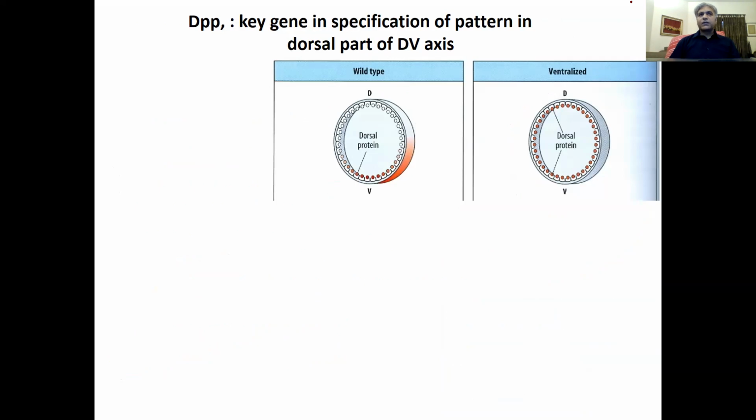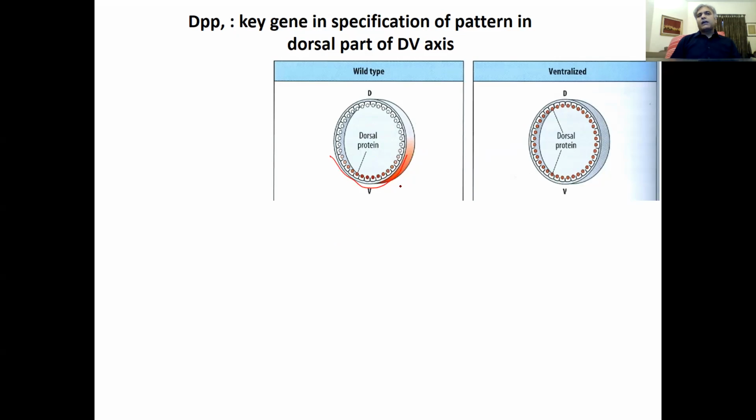Now, what we have learned so far is that with the activation of toll signaling at syncytial blastoderm stage, dorsal moved into the nuclei in the ventral cells. You can see individual cellular membranes are forming.